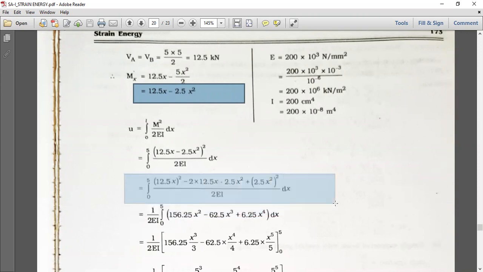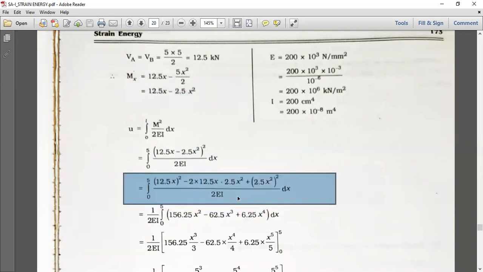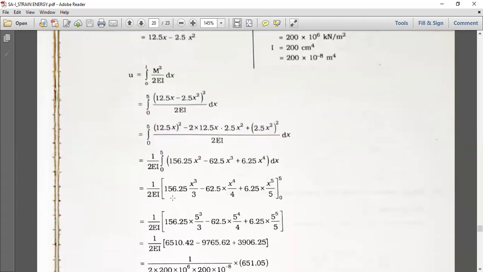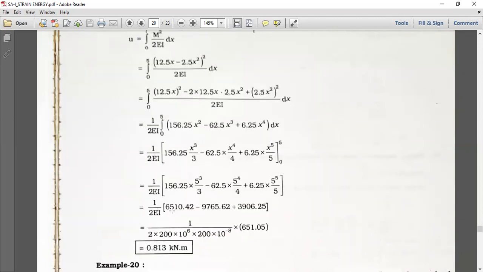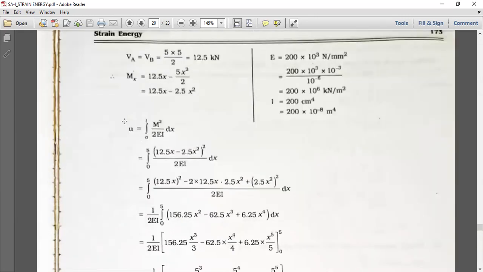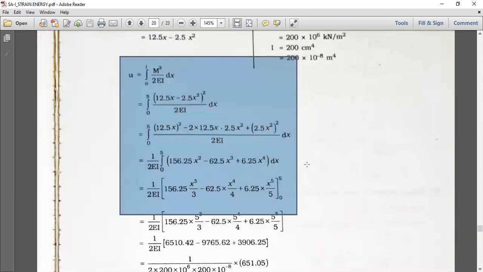This is the mathematical rule we already studied in school. Now clearing the terms, we get 156.25 x cube divided by 3 minus 62.5 into x raised to 4 divided by 4 plus 6.25 into x raised to 5 divided by 5. Limit 0 to 5, put the values of 0 and 5 on each side. We get 0.813 kilonewton meter, which is the strain energy stored in this beam.